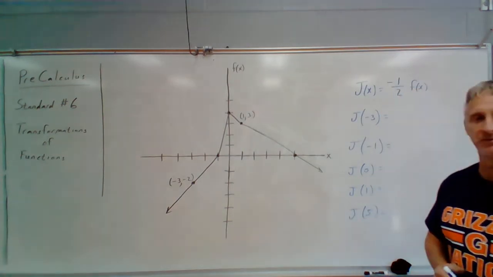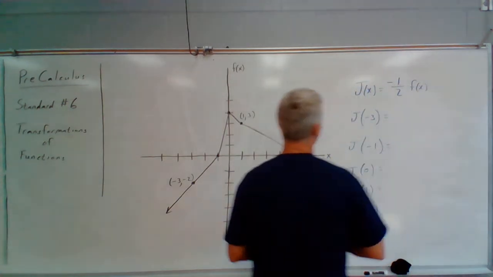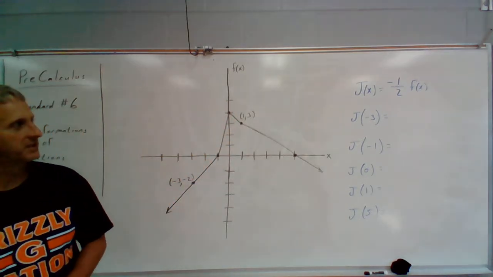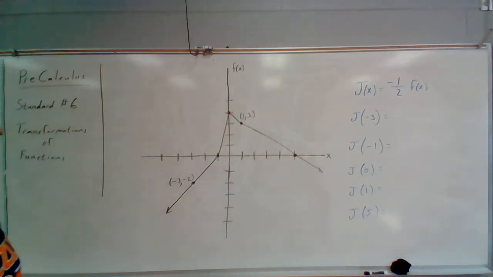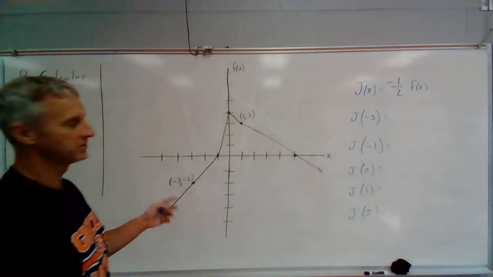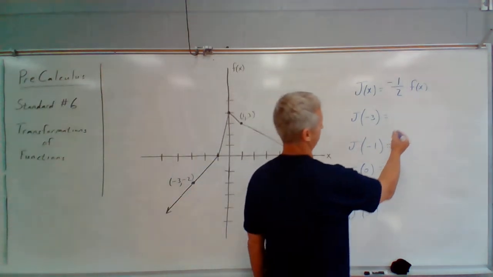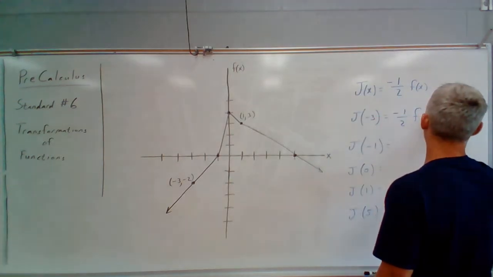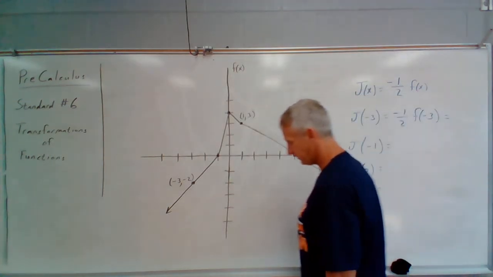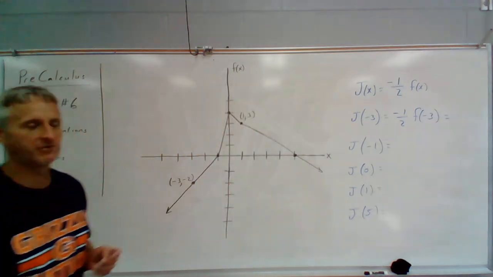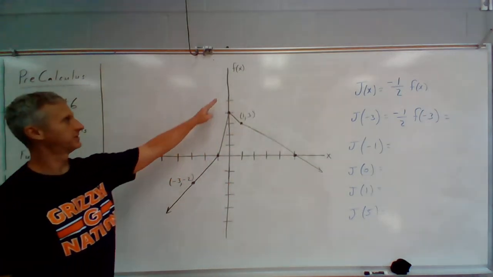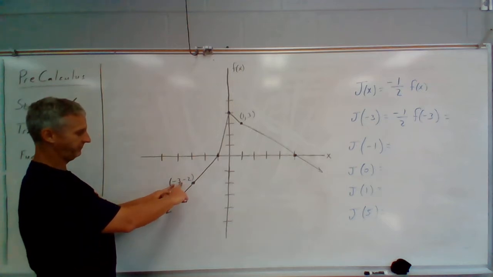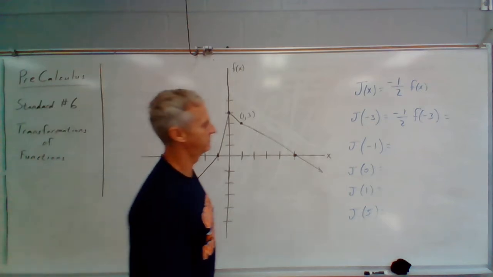All right, let's do another really fun example. Got your same original graph. J of x is equal to negative 1/2 times the original function. So let's do j of negative 3. That'll be negative 1/2 times f of negative 3. So in order to figure out what f of negative 3 is, I need to look at the original graph of f of x. F of negative 3 was negative 2.